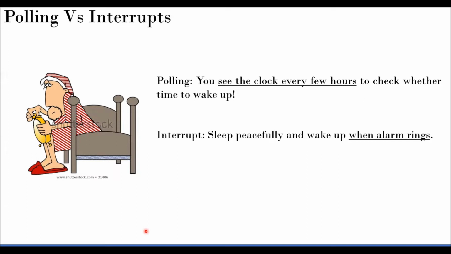I continue sleeping, but again I won't get fluent sleep, right? I will keep polling the clock and seeing whether it is 6 o'clock or not. If it is 6 o'clock, obviously I will wake up. But there is a chance that I may miss 6 o'clock. That's a problem. That is polling. On the other hand, with interrupt, you put the alarm, and at 6 o'clock sharp it triggers the alarm and you are awake. So that's the concept.